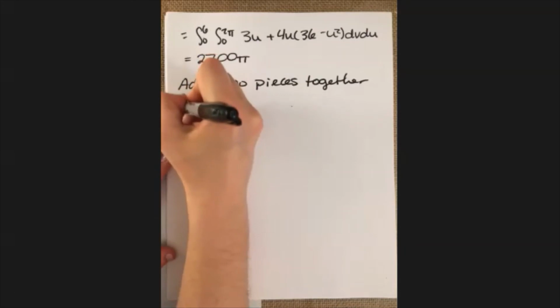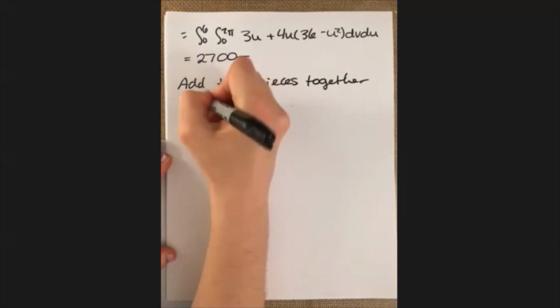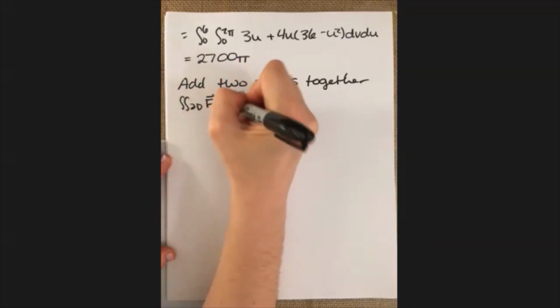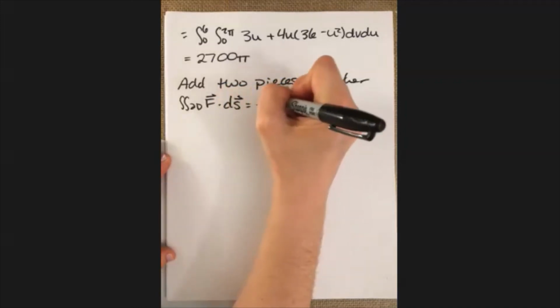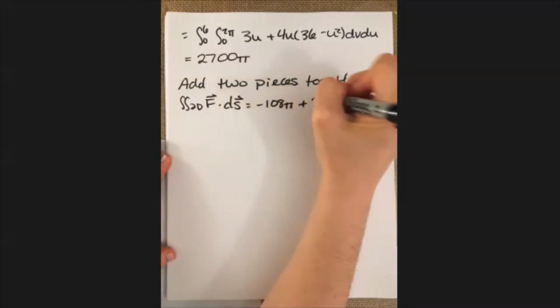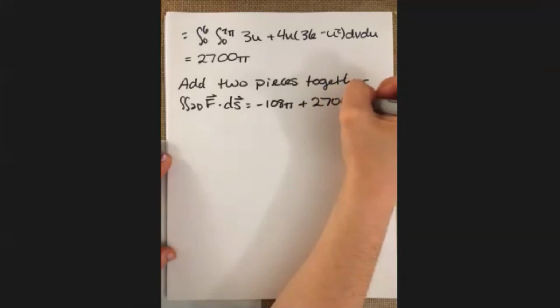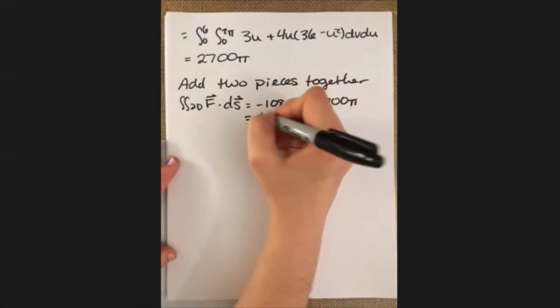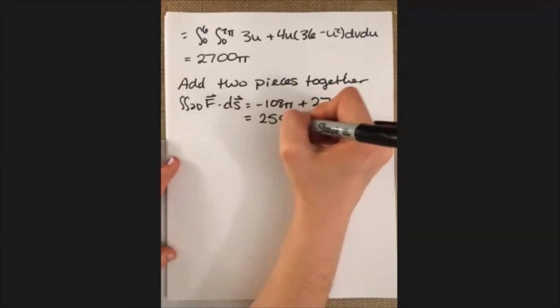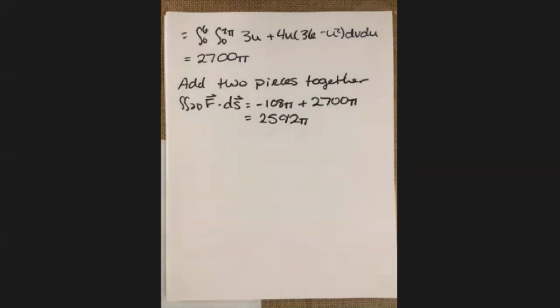The double integral over the boundary of F dot dS is in total negative 108 pi plus 2,700 pi, which is equal to that value of 2,592 pi that we got earlier, simply by computing the volume of our paraboloid.